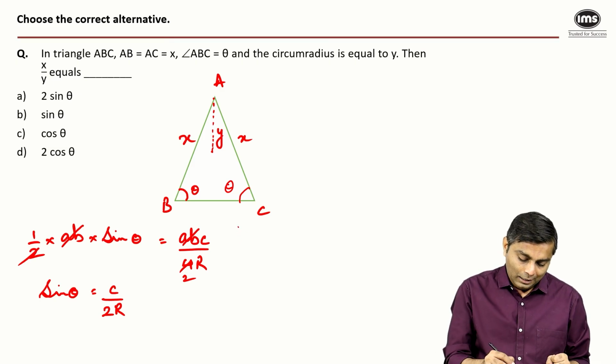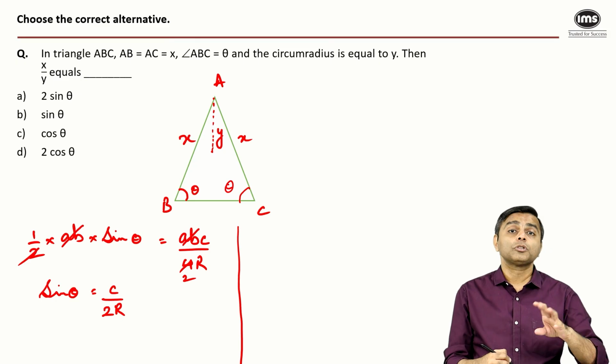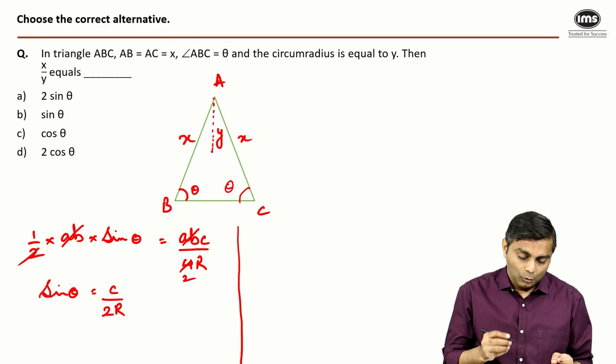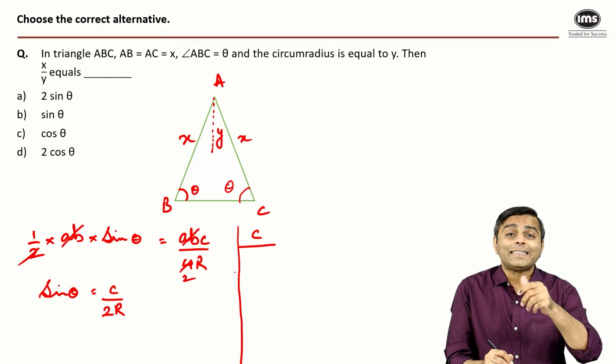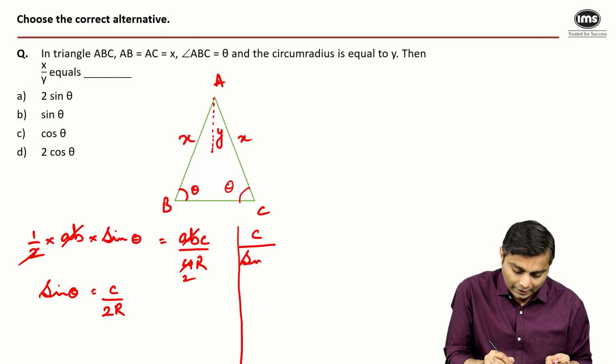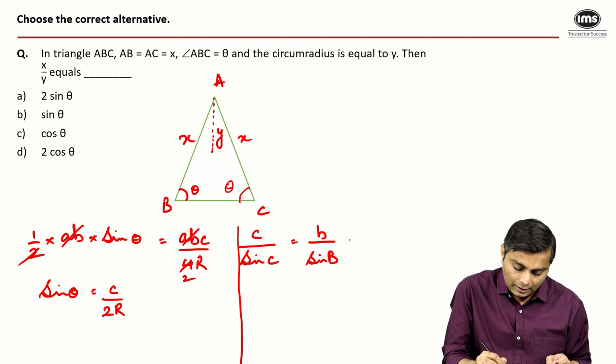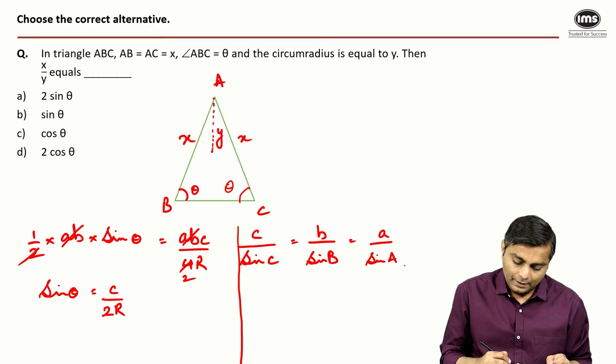Okay. Now, if I have to use the sine rule, what is the sine rule? The side upon the sine of that angle. So, C upon sine C is equal to B upon sine B, which is equal to A upon sine A. Correct.